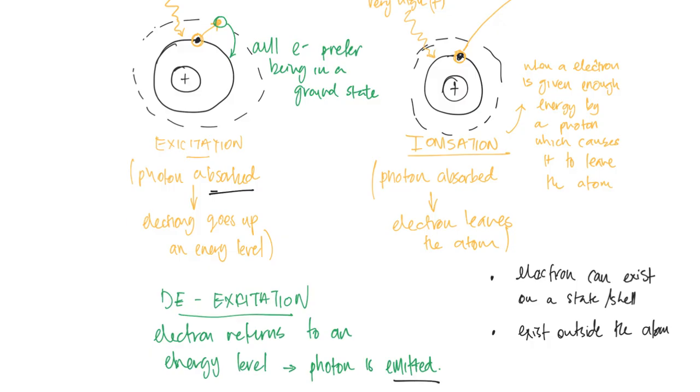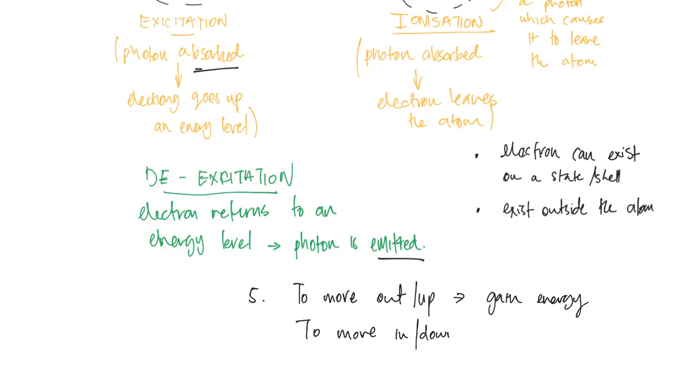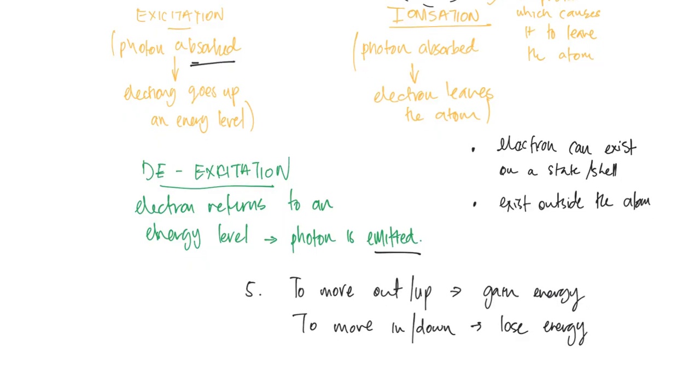So if the electron moves out or up, it must gain energy. If it moves in or down, then it's going to lose energy. So we need to look at that kind of idea.